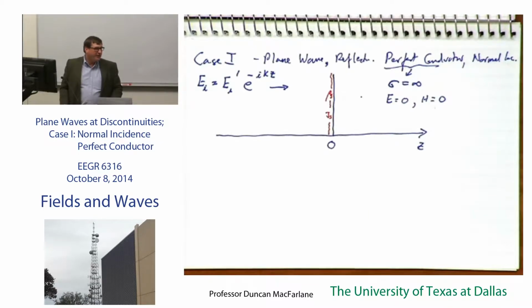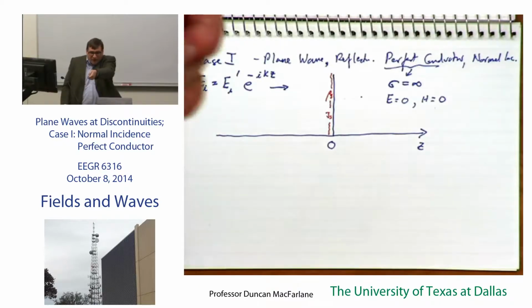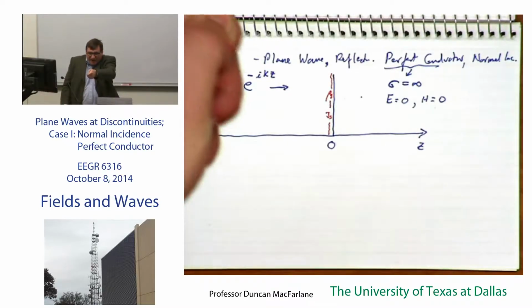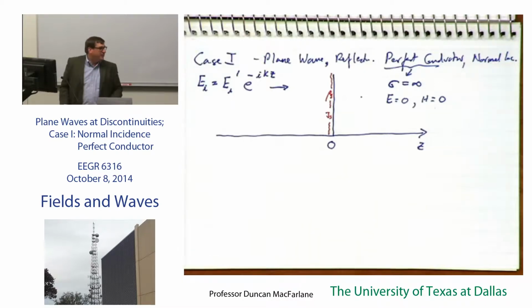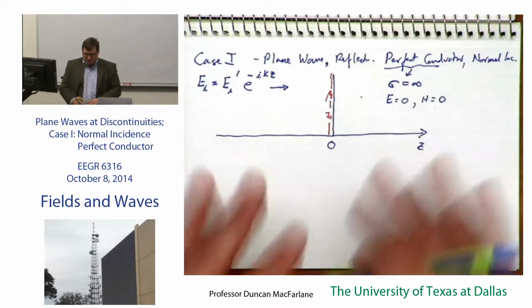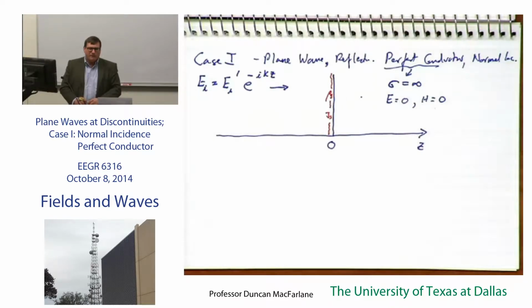So I would have had to work very, very hard to tune my antenna or shine my flashlight so that it is exactly normal to the shiny metal surface that I'm illuminating. We'll get to a more generalized approach later on, but it's good to remark just how idealized this situation is.